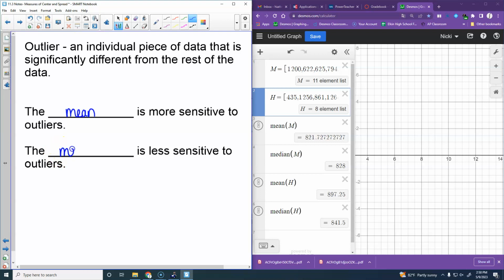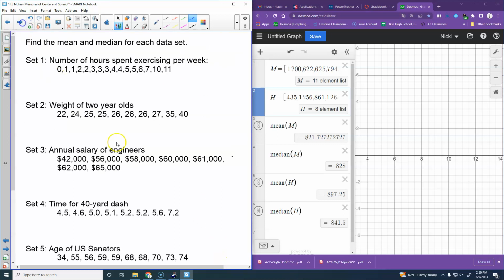So the median is less sensitive to outliers. Okay, and this is going to be a key thing that we understand for answering a lot of the questions that we're going to see. Mean is going to be pulled up or down with outliers, whereas median may change, but it's going to stay more stable.